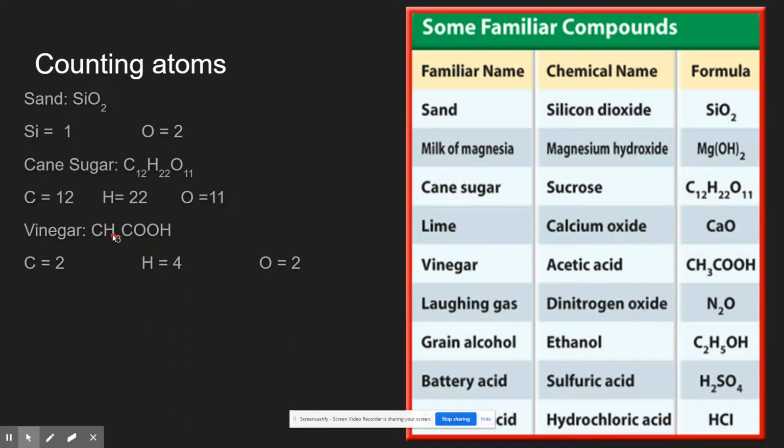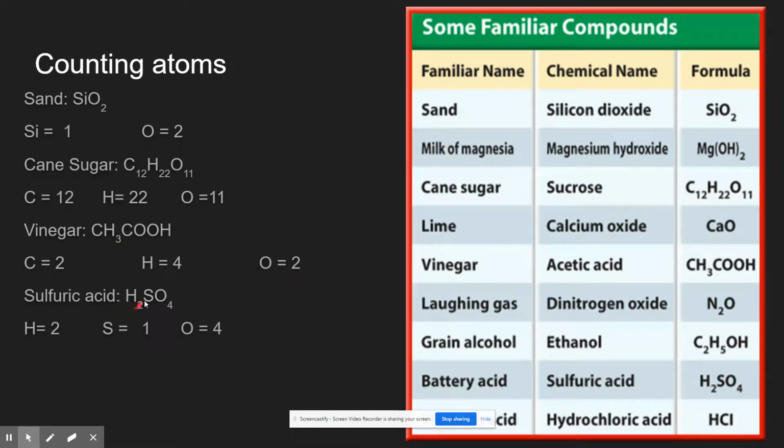The reason why they write them in different spots is just because the chain of the molecules is different, showing the way they're bonded. This hydrogen's not bonded necessarily to that, so that's why it's written in a separate spot. But we've got carbon in 2 different spots, so there's a 1 here and a 1 here. So 2 carbon, 4 hydrogen, 3 plus 1 is 4, and 2 oxygen.